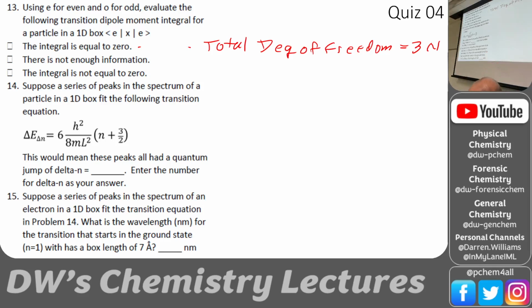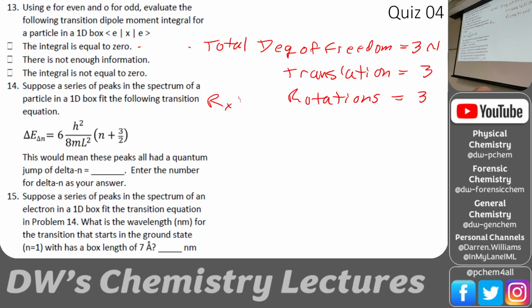So what we'll do is subtract 3 translations. Notice that's not 3N, it's just 3 translations, X, Y, and Z. And there's 3 rotations, that's Rx, Ry, and Rz.